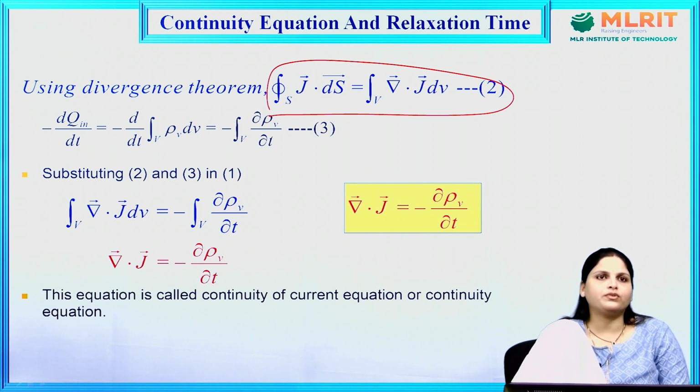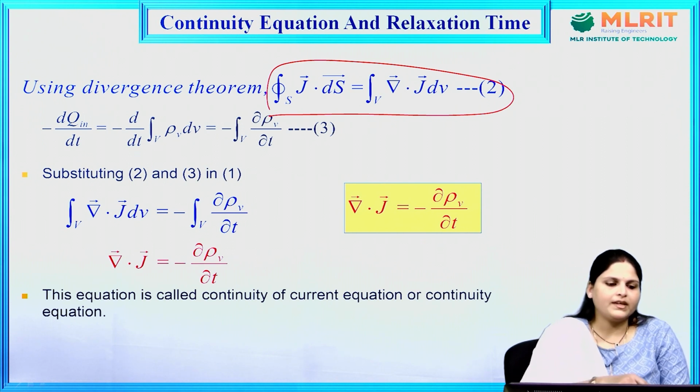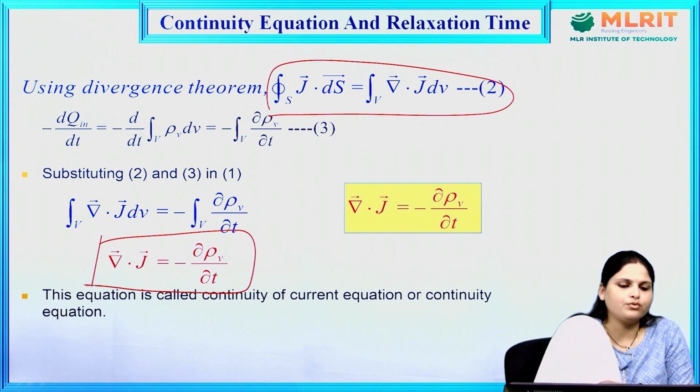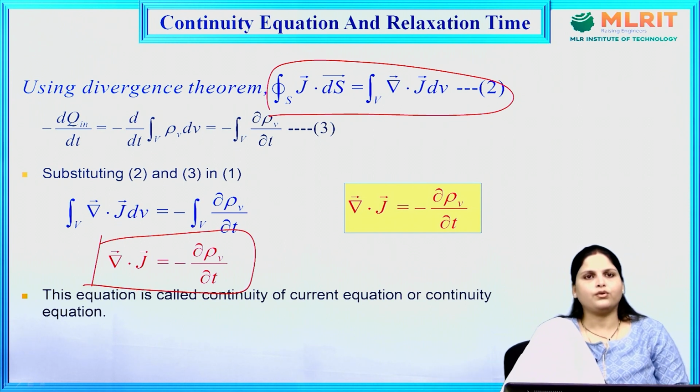Now we substitute these 2 and 3 in equation number 1 and we get the integration of divergence of J dv is equal to minus the integration of ∂rho v by ∂t dv, and further solving it we get divergence of J is equal to minus ∂rho v by ∂t. This equation is called the continuity of current equation, or in simple language the continuity equation.